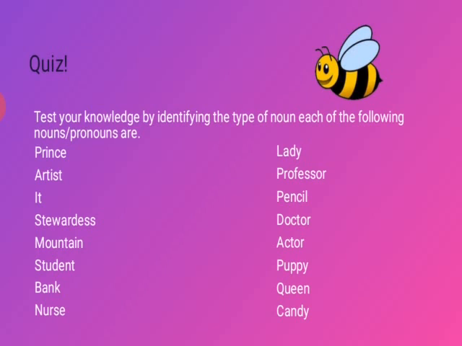Bank, again lifeless, I guess. Nurse. Lady. Professor. Pencil. Doctor. Actor. Puppy. Queen. And candy.